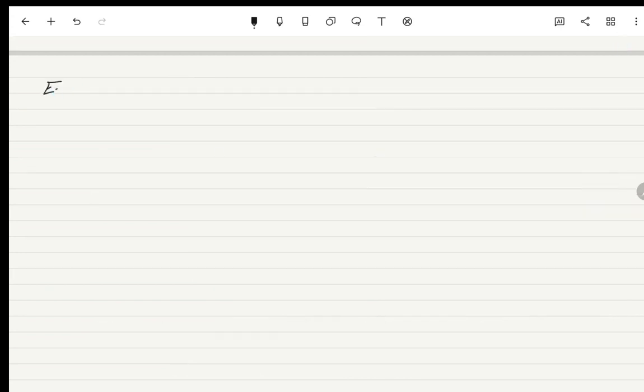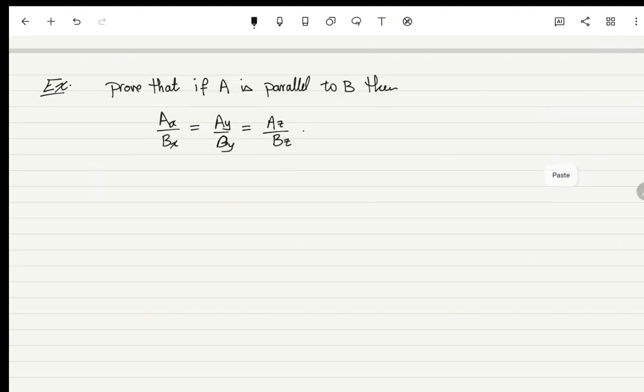Example, prove that if A is parallel to B, as vectors, then AX over BX equals AY over BY and equals AZ over BZ. Solve this one here.